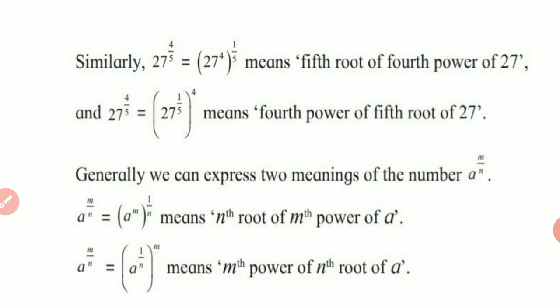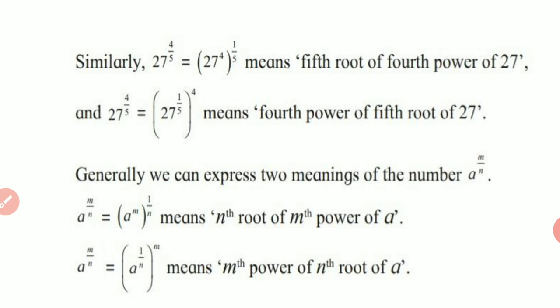Similarly, 27 raised to 4 upon 5 is equal to 27 raised to 4, raised to 1 upon 5, means fifth root of 4th power of 27, and 27 raised to 4 upon 5 is equal to 27 raised to 1 upon 5, raised to 4, means 4th power of fifth root of 27.